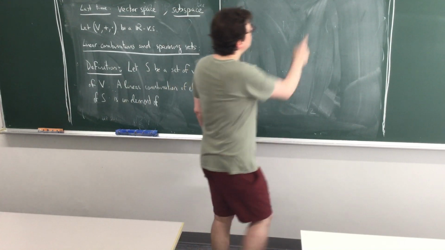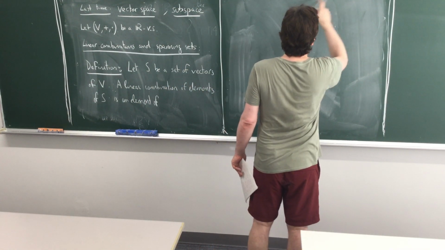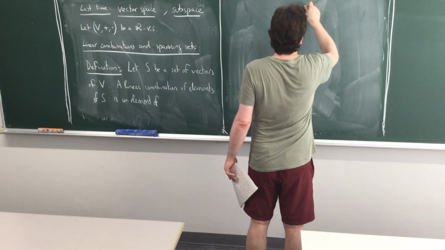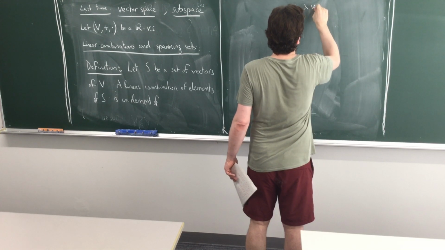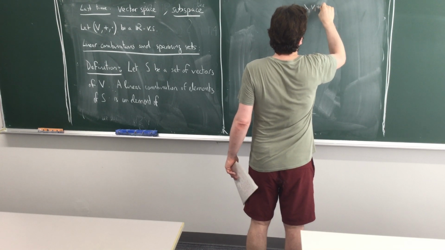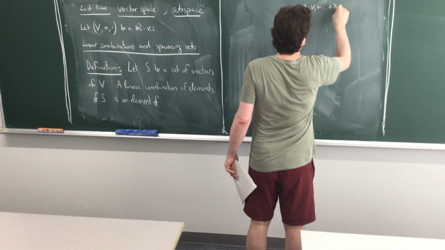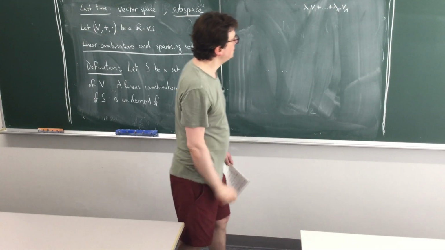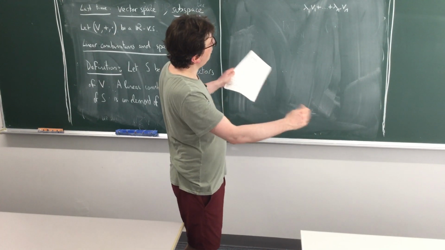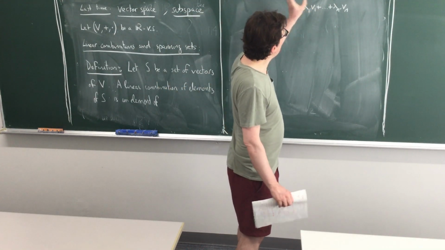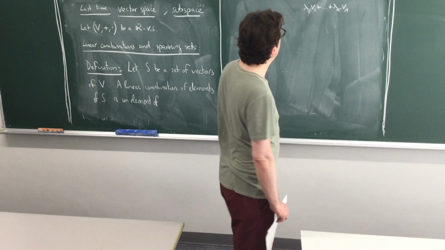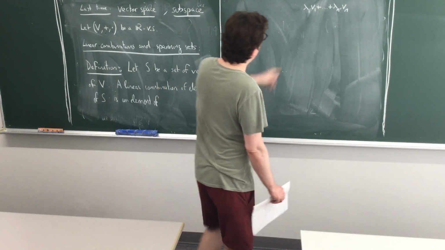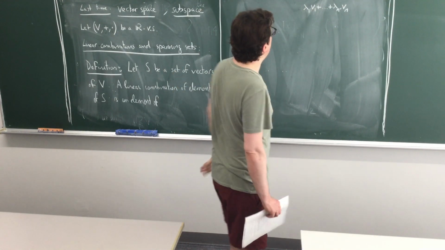Okay. I could write also, so what does it mean? This means something like lambda 1 v1 plus lambda n vn. So the small n is not fixed. It can be any number of terms, but it should be a finite number of terms. And they are all of the form lambda times a vector.